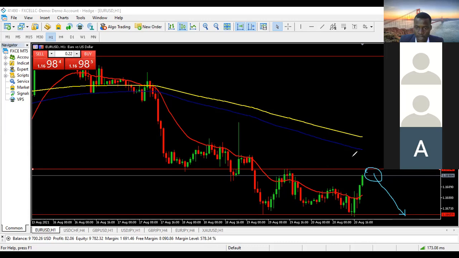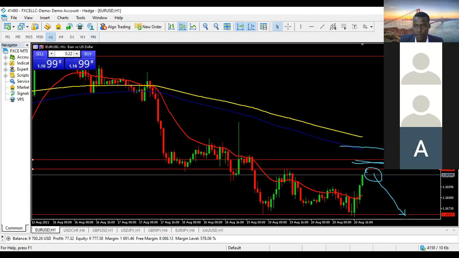Your stop loss is going to be somewhere around this place, so that you give the market room. You calculate your stop loss and put it above, so your stop loss is going to be 1.17.